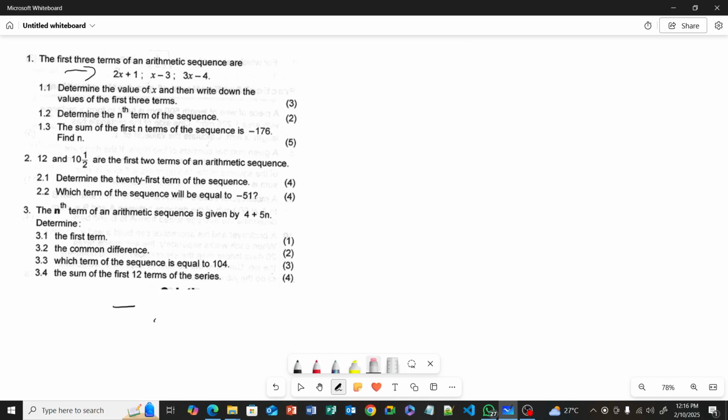Okay? Now on the board you are given 2x plus 1. This is one term, guys. Okay, this is one term, which is the first term. You are also given x minus 3, which is the second term.